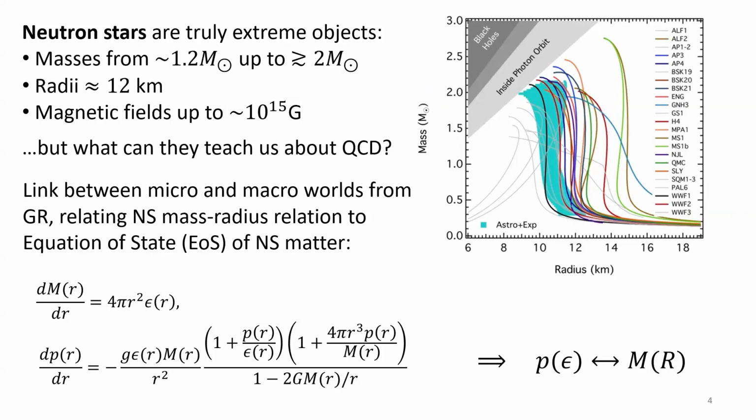You get radii from something like 8 kilometers to 15 or 16 kilometers, and maximal masses from 1.3 to almost 3. So clearly, due to the issues that I was describing earlier, we don't have first principles tools from which we could compute the equation of state, and unfortunately also the observations are very difficult, which is understandable because we are talking about these tiny Florence-sized nuggets that are situated extremely far from us.